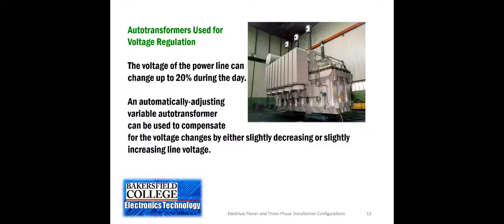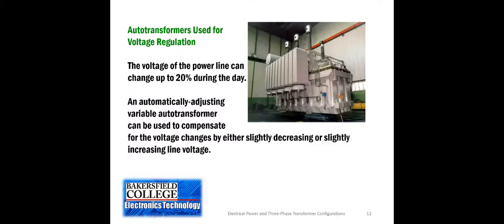So if you increase the voltage at the generator to make up for a voltage sag 200 or 300 miles down the road, the people close to the generator would have their voltage too high. And likewise, if you reduce the voltage at the station close to the generator, there'll be a lot more voltage reduction down the road.